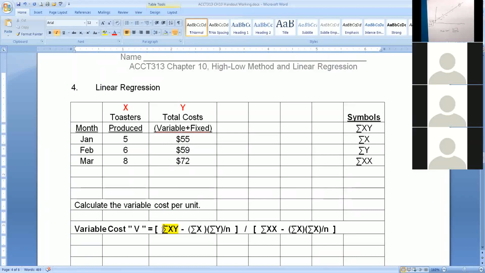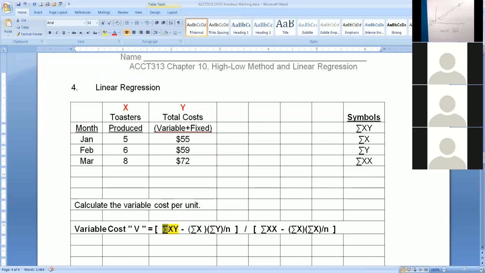When you see the squiggly here, it's actually a sigma. When you see that in front of the two variables here, what does that mean? Does it mean the sum of? Yep, you're going to sum them.